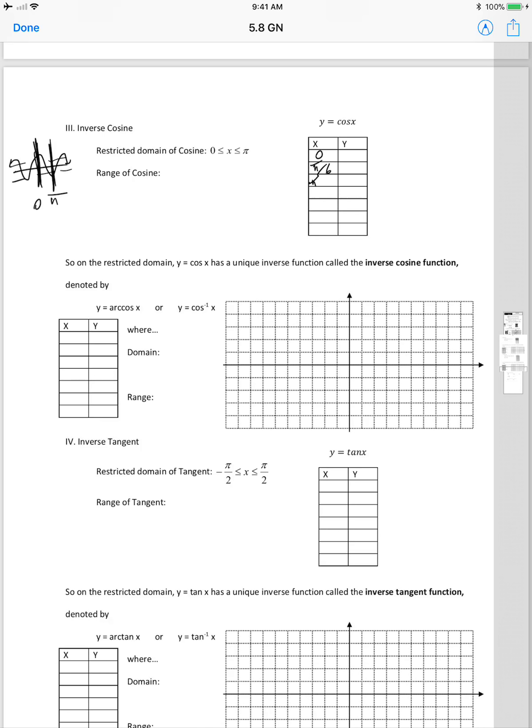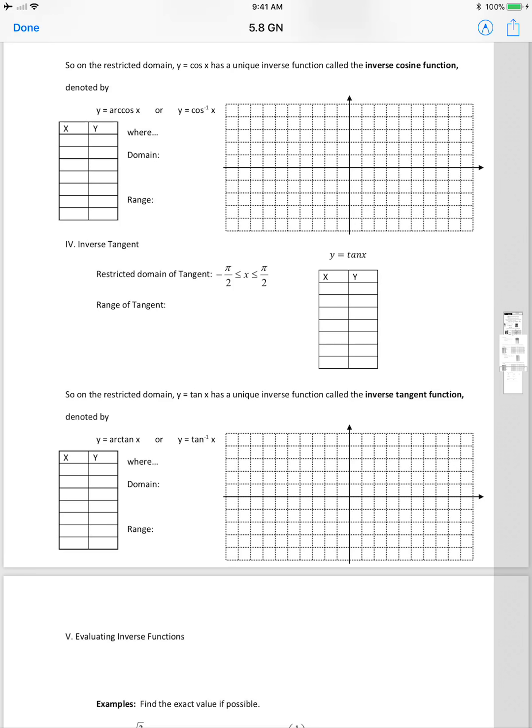And then I will evaluate these angle values. The range is again between -1 and 1. And then all of this flips for the inverse cosine. So again, we write it either like this, or you'll see it written as the arc cosine of x.